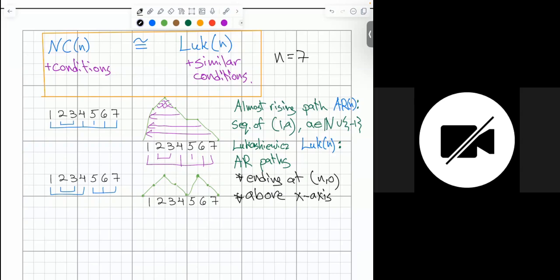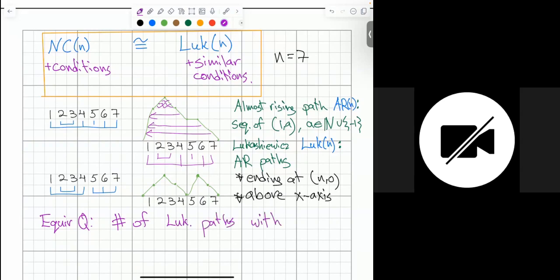So an equivalent question we can ask is the number of Lukasiewicz paths with exactly k non-negative steps.